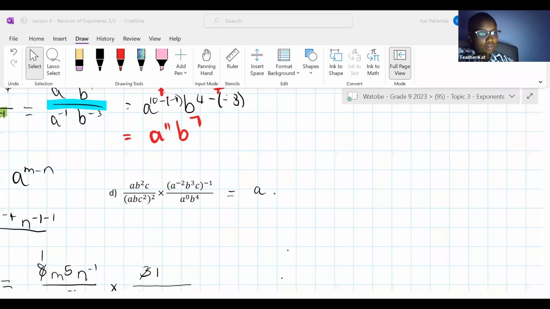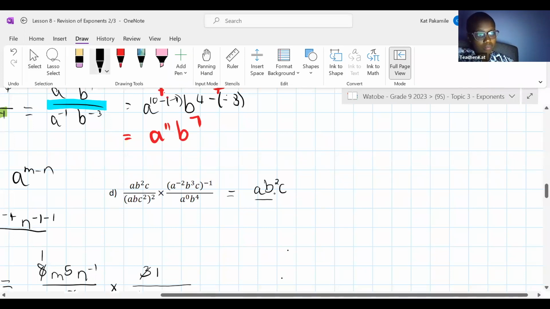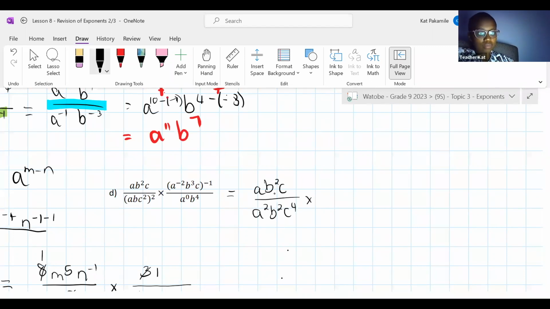So I said AB squared C over A squared B squared C to the power of 4 times A squared B to the power of -3 and C to the power of -1 over B to the power of 4.